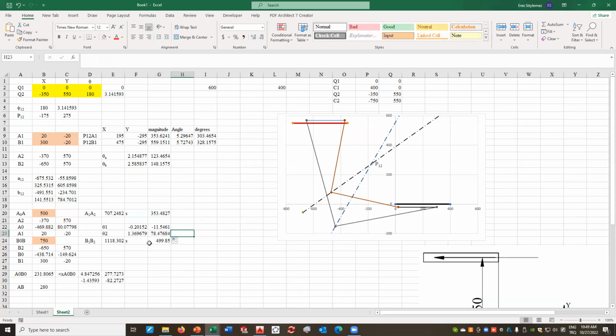That is 78 degrees. Correct? So the angular rotation will be from minus 11 degrees to plus 78 degrees. Can everybody see that?